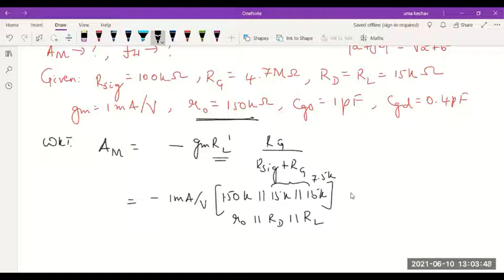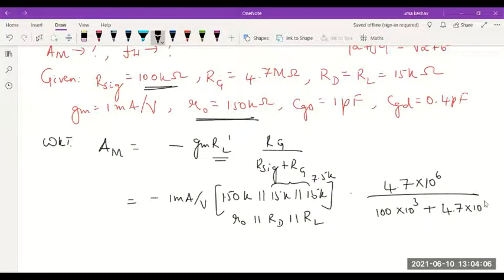You'll get the answer. Rg is very large, 4.7 mega, divided by Rsig 100K plus Rg, 4.7 mega. Can you find this out?